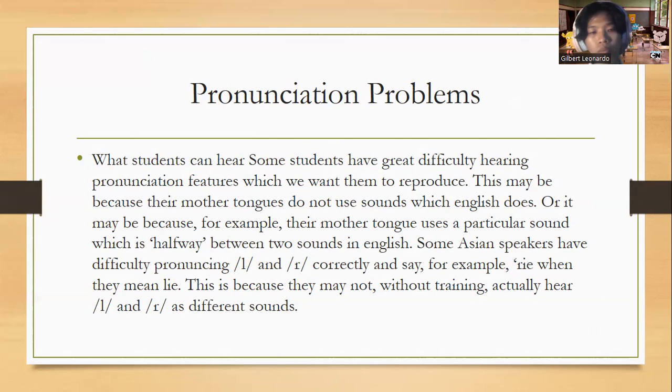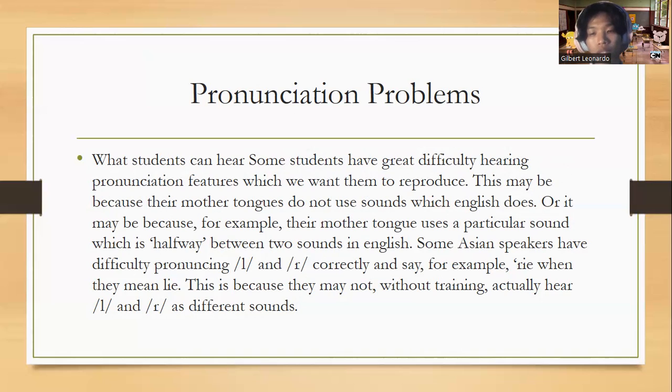So it's more like their accent, and there's nothing you can do about it. Or it may be because, for example, their mother tongues use a particular sound which is halfway between two sounds in English. Like I said before, they try to pronounce it with their rules or with their accent.